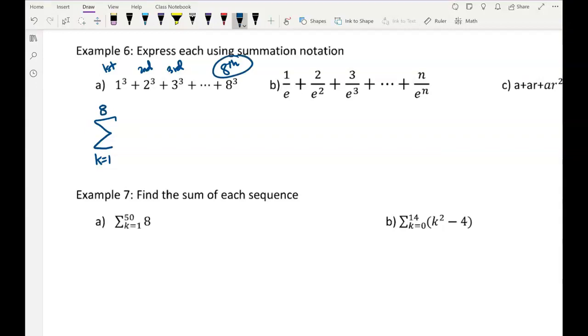Now we just have to come up with a formula that every time we put in k, it will give us the 1 to the 3rd, or 2 to the 3rd, or 3 to the 3rd. In this case, it looks pretty easy, right? The first term when k is 1, all of a sudden it's just 1 to the 3rd. Second term is 2 to the 3rd, and third term is 3 to the 3rd. So this formula then, every time you plug in k, it's just k to the 3rd, and that's it.